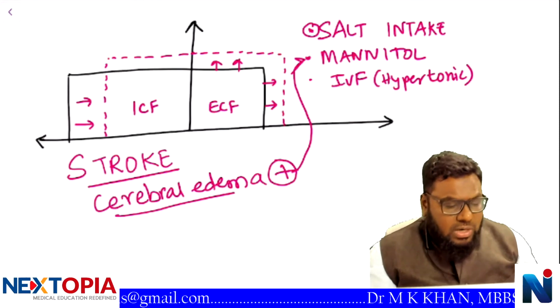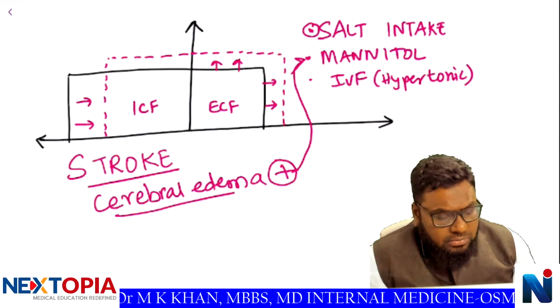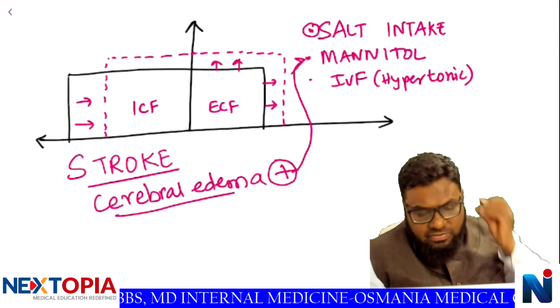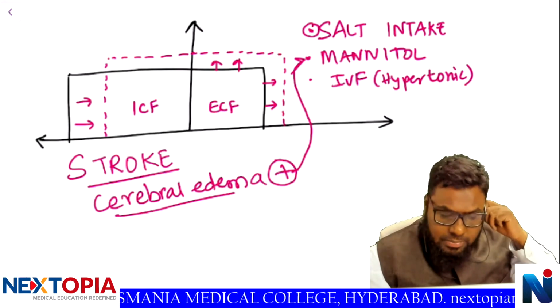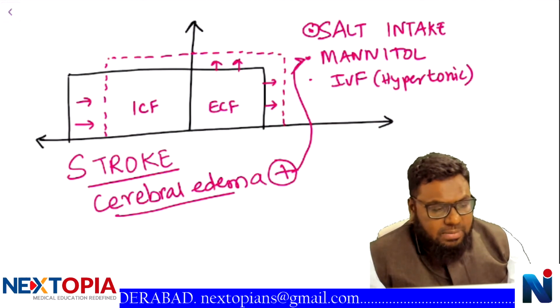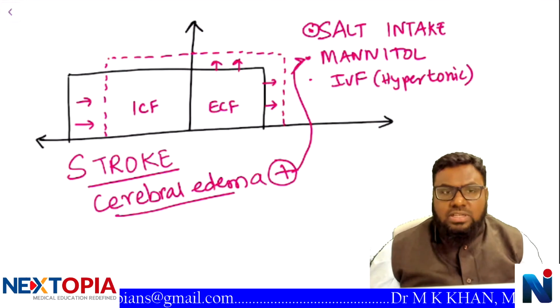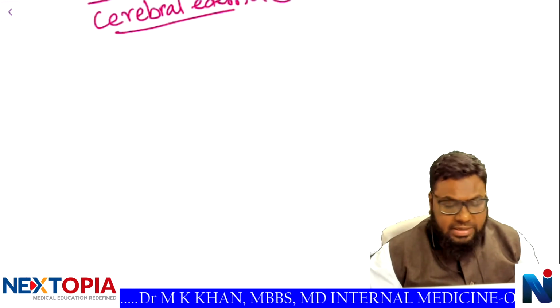And mannitol causes what? Removal of this cerebral edema, that is, a decrease in the volume of ICF. Here intracellular fluid means fluid from the brain cells, or the cerebral cortex. Removal of the water from the cerebral cortex. So this is how, with this concept, mannitol is acting.